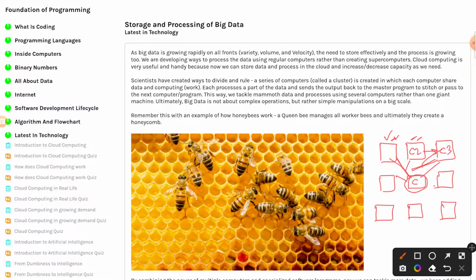She gives the tasks to worker bees, and they go and do all the tasks, and the queen manages every one of them. Similarly, in this network, the worker computers do all the work, whereas the queen computer manages the job of other computers, gets the output from them, and stitches it together to get the final result.